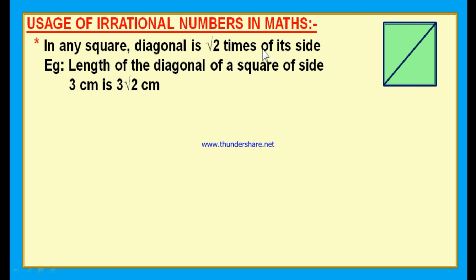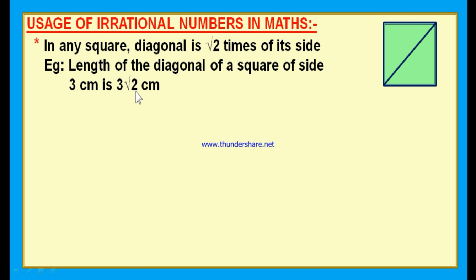Here root 2 times means you have to multiply the length of the side with root 2 so that you will get the length of the diagonal. The side of the square is 3 centimeters, given. Then the length of the diagonal is 3 root 2 centimeters.